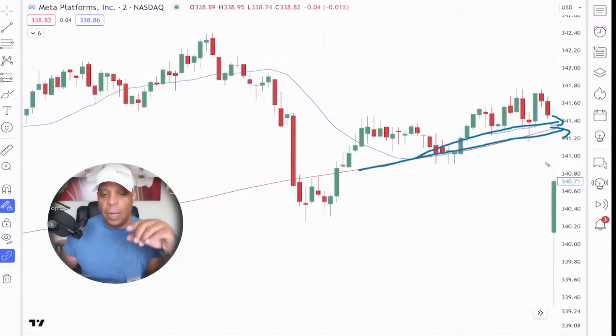Okay. Now, we've established that the moving averages are flat-ish and they're close together. So basically, this is your quick and dirty way of determining what state your stock is in. All right. Moving averages close together and they're flat-ish. So you've got a tight, narrow Fab 4 scenario, or you've got a tight, narrow state.